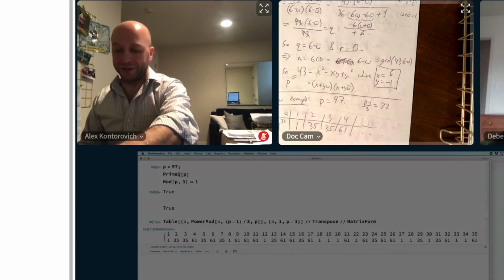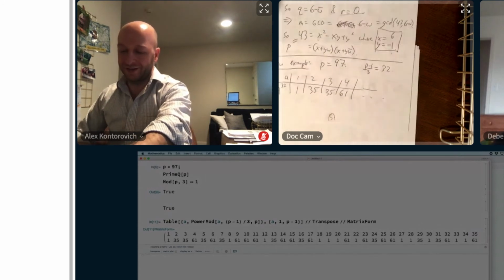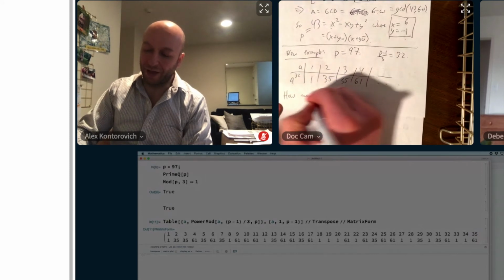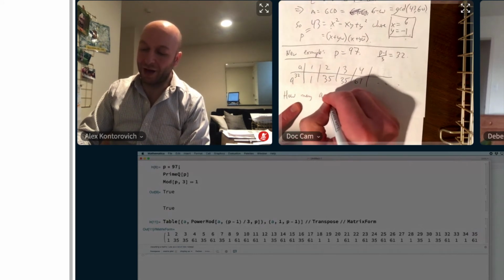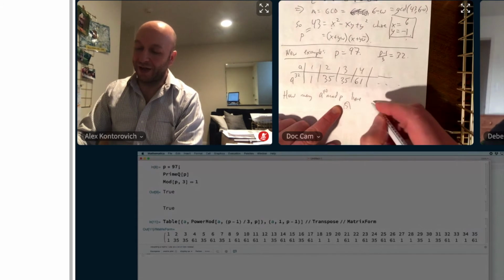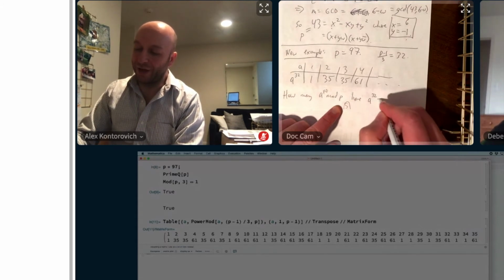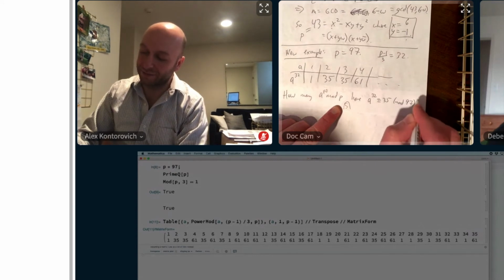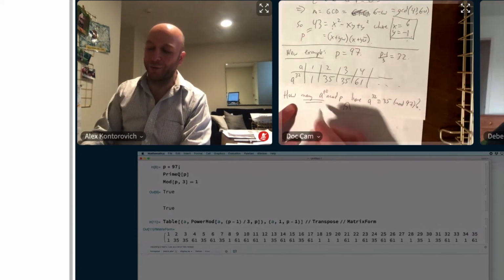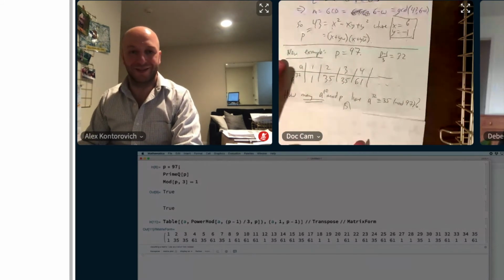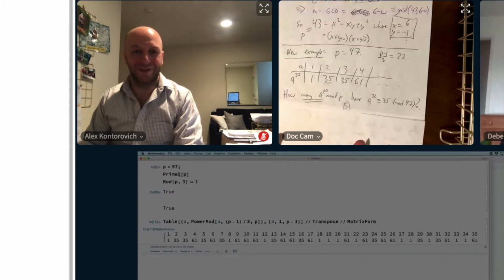And here's a test of your understanding. Among the non-zero a mod p, how many of these a's have a to the 32 congruent to 35 mod 97? How many 35s will I see in the table? Everybody see that?